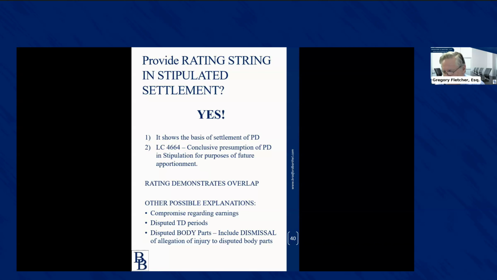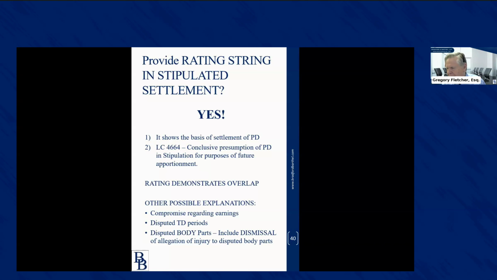Disputed body parts. Sometimes you get an application that alleges skin and contents, but it's really a back injury. And the QME finds a back injury, and you settle based on the rating of the back injury. But the toe, the knee, the skin, the psyche, the nervous system, all of those things, you don't want to leave them dangling.